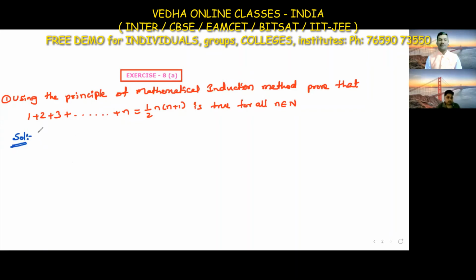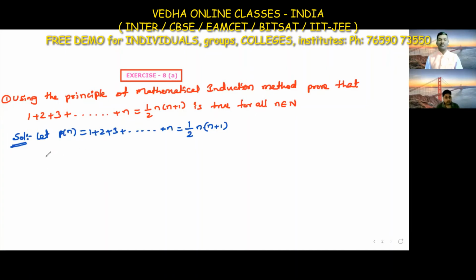Let the given statement be P of n is equal to 1 plus 2 plus 3 and so on plus n is equal to 1 by 2 into n into n plus 1. We can take it as P of n or S of n or T of n; usually we take P of n.